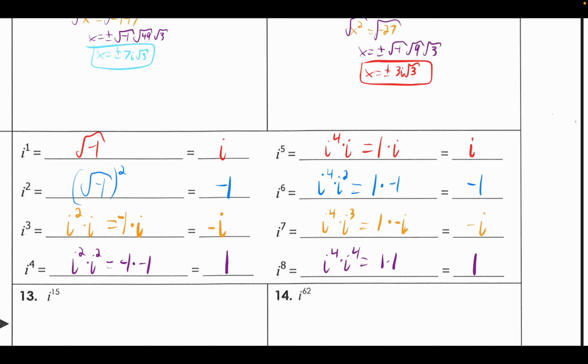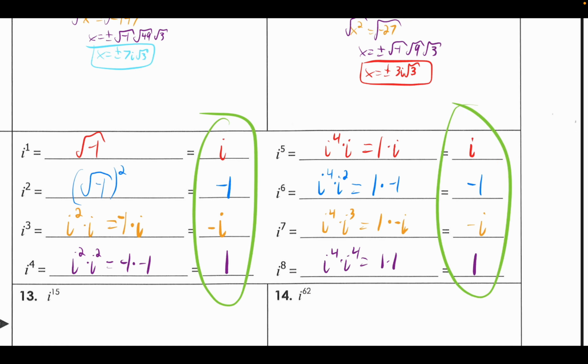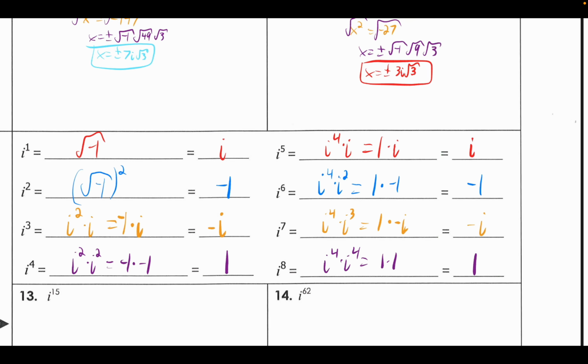So you may have noticed by now that we just got the same exact 4 answers in the same exact order. We went i, negative 1, negative i, 1. And then as we increased in powers, we just repeated it and went i, negative 1, negative i, 1. And if you went i to the 9th, i to the 10th, i to the 11th, and i to the 12th, you get the exact same 4 numbers in the exact same order.